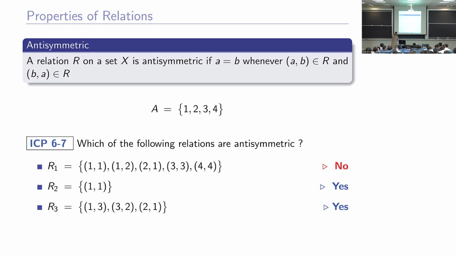This is what's written there. What is meant by that is only for unequal things, either AB is there or BA is there or none. Sorry, I said exclusive OR, but it can't be exclusive OR because none of them is allowed. So, if AB is there, then BA isn't there. That's what it says. Now, in the third one, R3, yes, please.